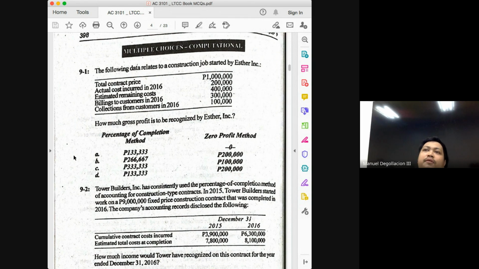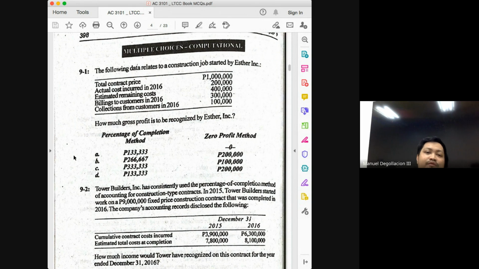If you're in year 5, how do you solve for the percentage of completion? You get the cost incurred to date as of year 5. And what will that comprise? It will comprise the cost incurred in year 1, year 2, year 3, year 4, and year 5. Now, in this problem in 9-1, how much is our cost incurred to date?